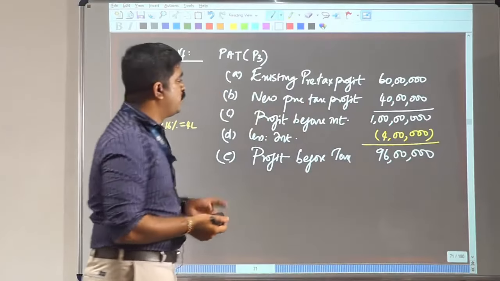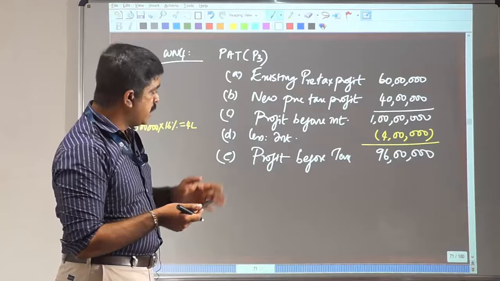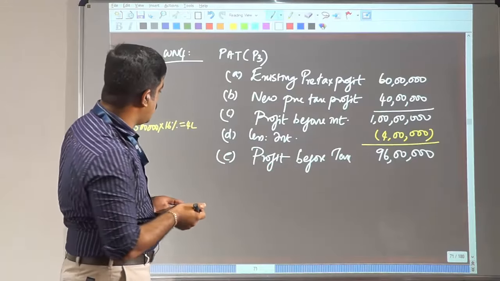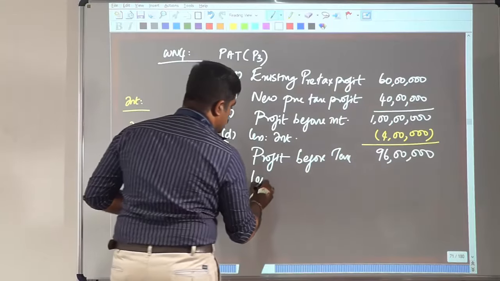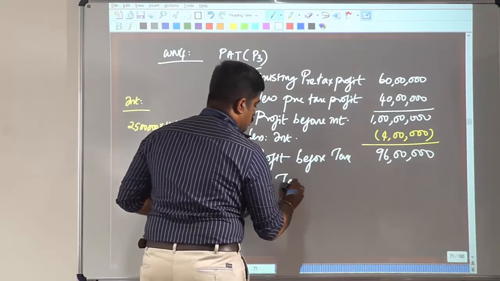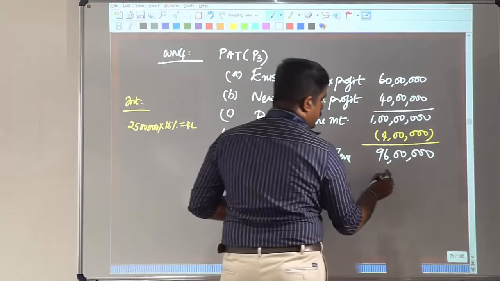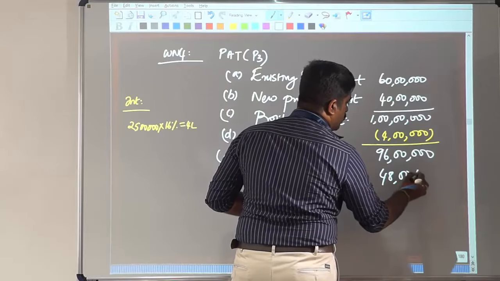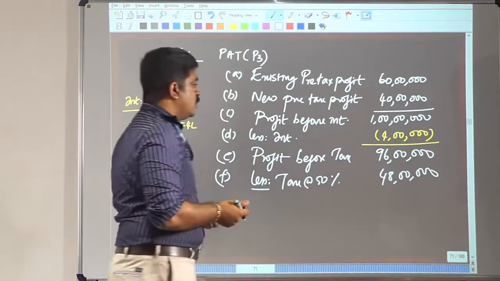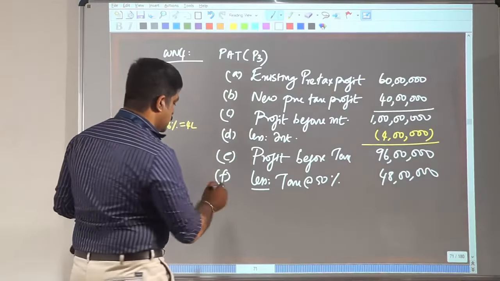And if I pay tax on 96 lakh, less tax at 50%, it is going to be, let's say, 48 lakh. On 96, if I pay tax, it is going to be 48.